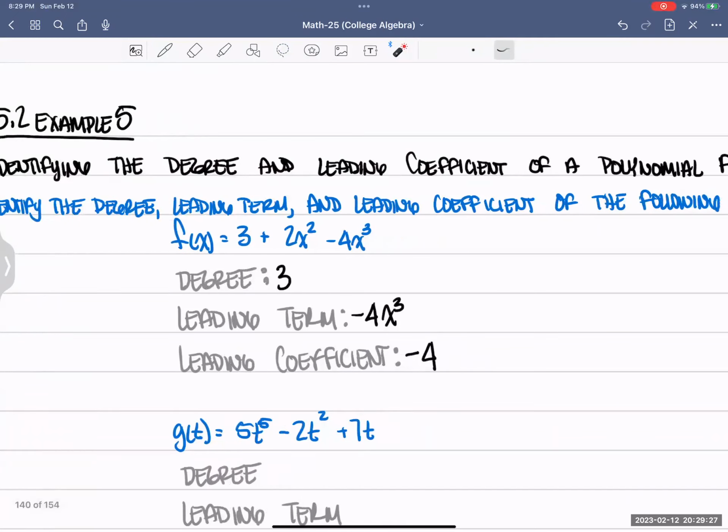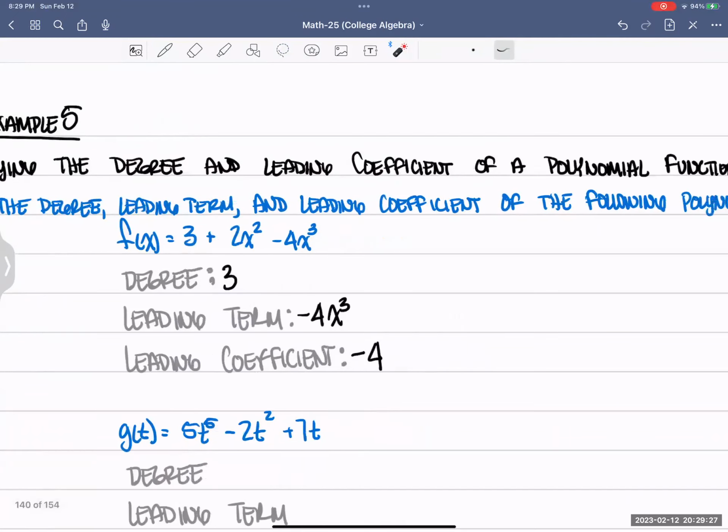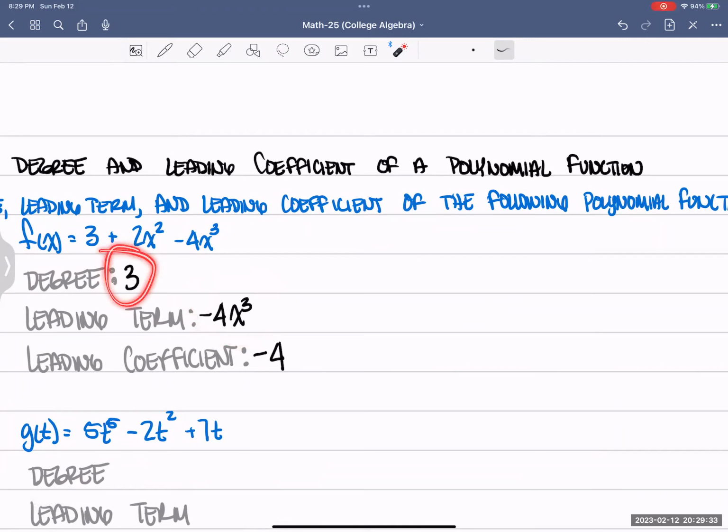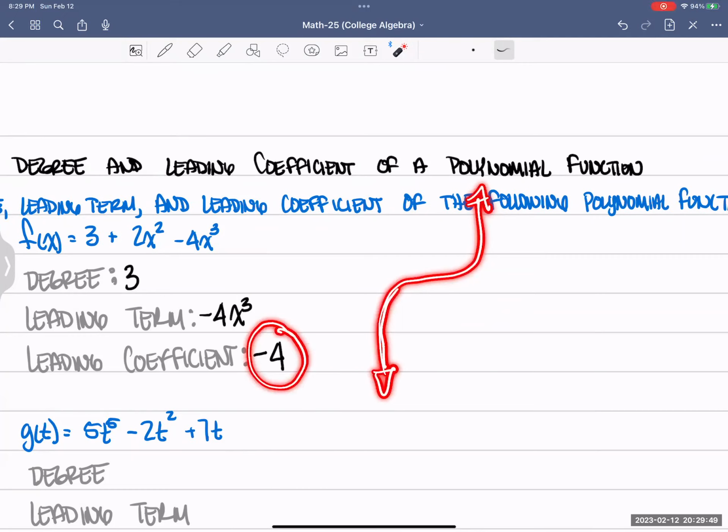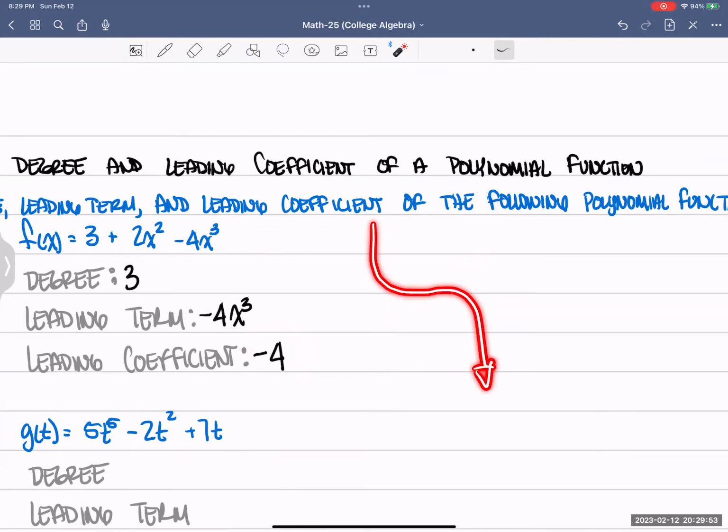So let's be little experts here. The degree being odd tells us that we have our little cactus looking situation. As we go further and further left, we go further and further down to -infinity. But our leading coefficient of -4 tells us that it's in reverse.